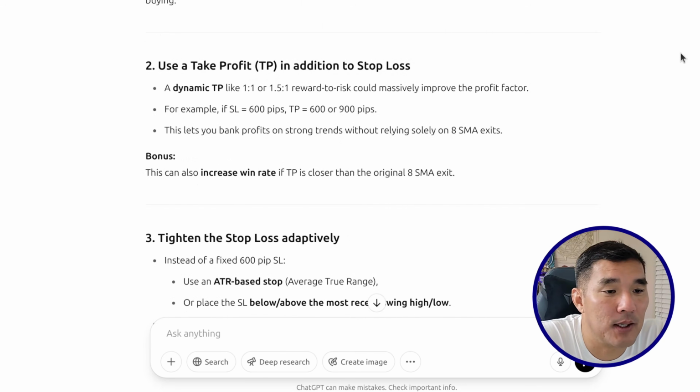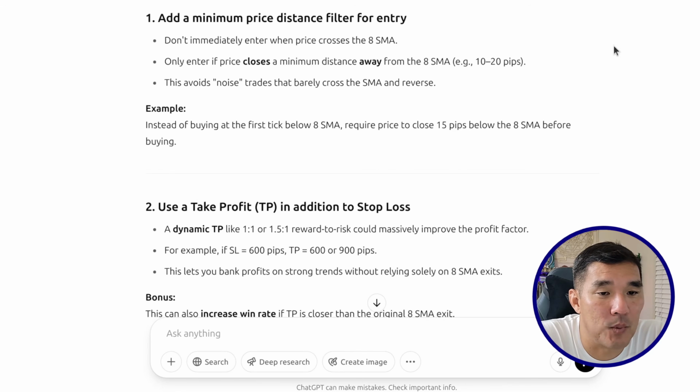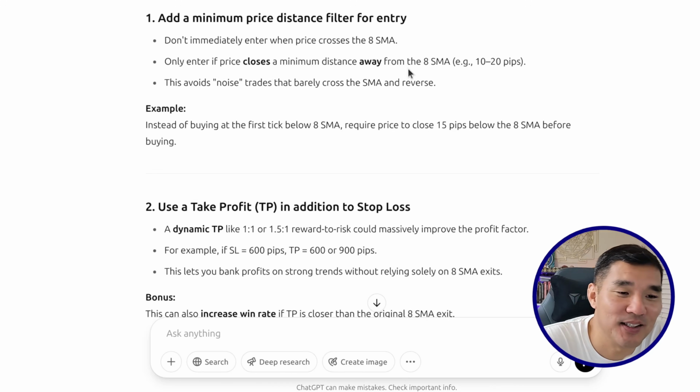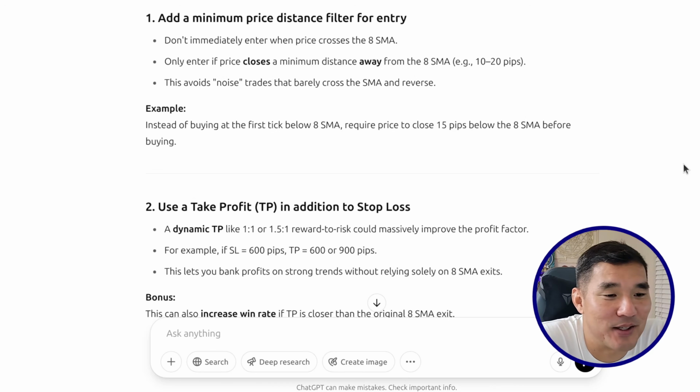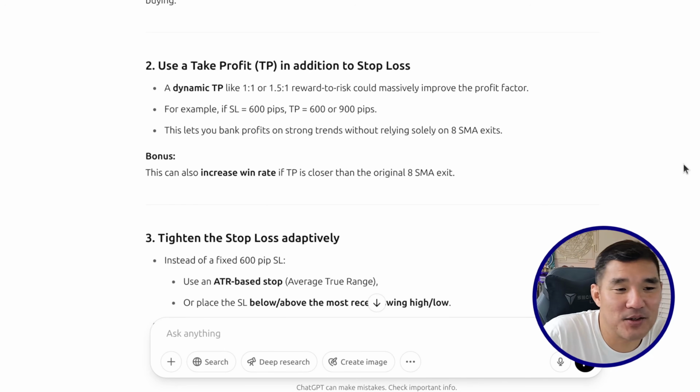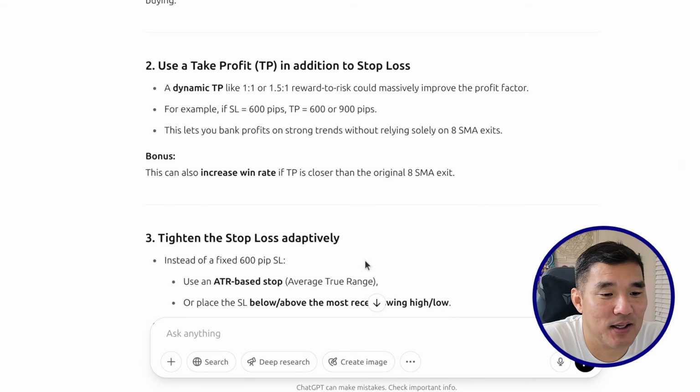So let's see, what would be the best one to use here? I'm not too interested in that first one. Let's try the take profit. Let's try using a 600 pip stop loss.